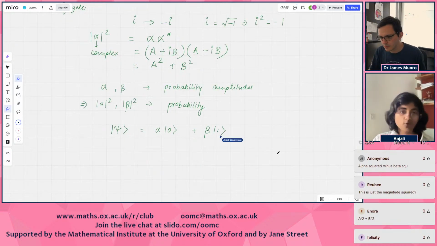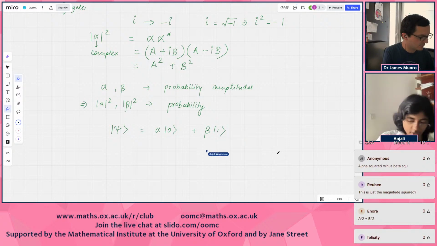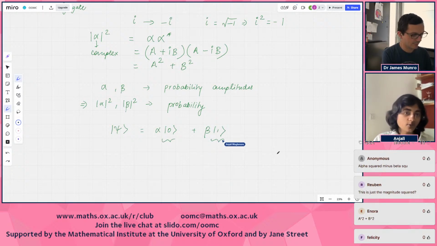But when you measure the state psi, finally, like you perform the operation through your logic gate and you get an output, and when you measure that output, you would either find the output to be 0 or it to be 1. And the probability with which you find the output to be, let's say, 0 is mod alpha squared.